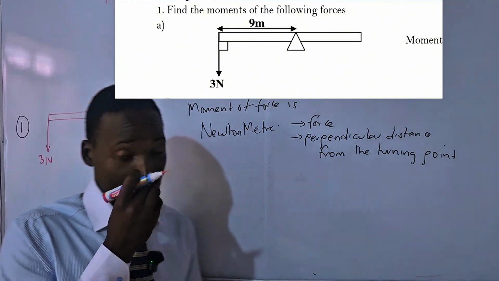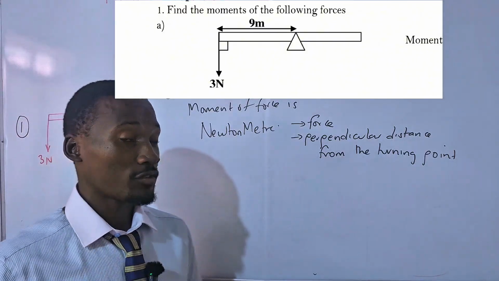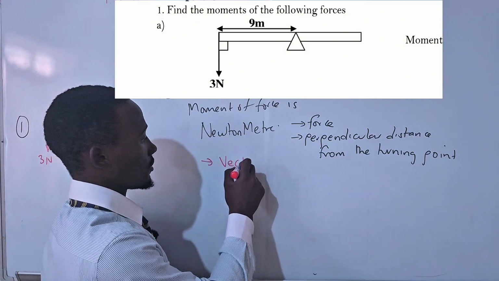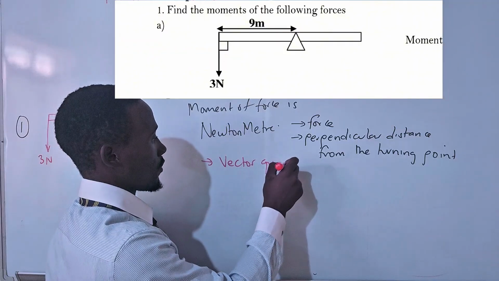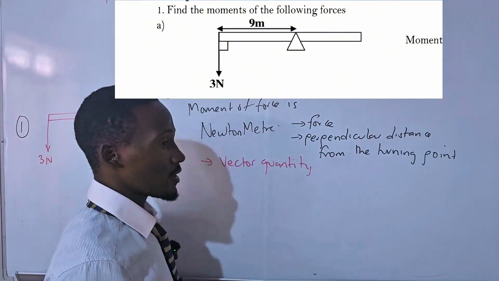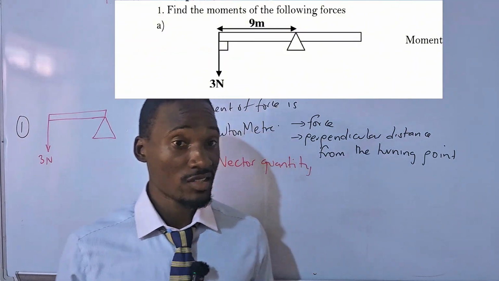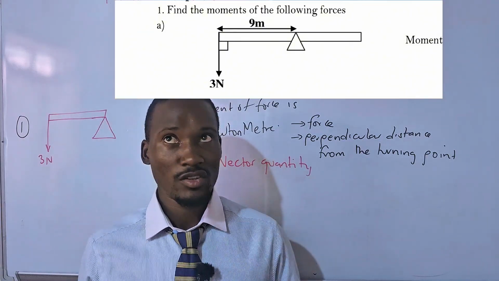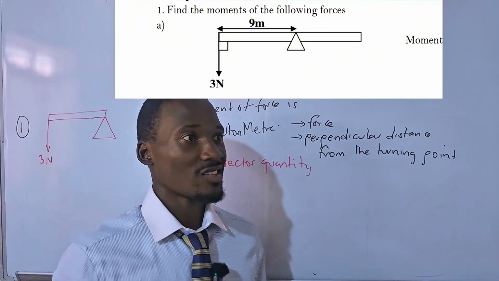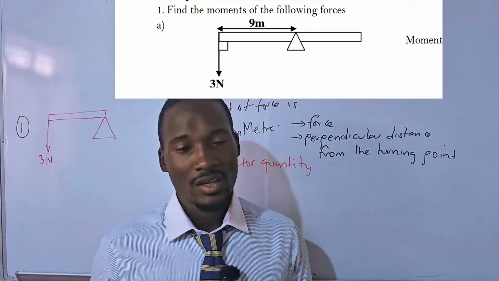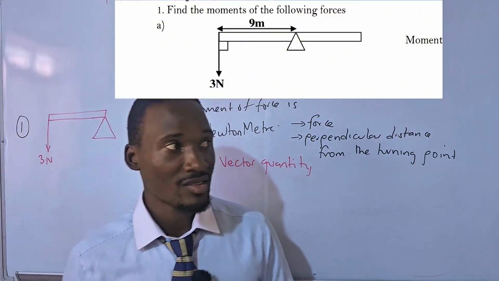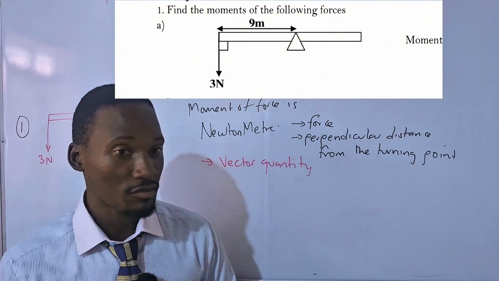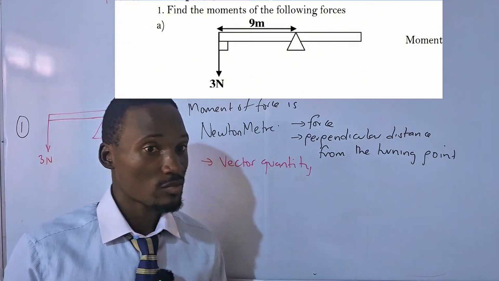Now, the other thing I want you to know is moment of a force is a vector quantity. Being a vector quantity, it means it has direction. Unlike a force, which can be north, south, east, west, upwards, downwards, 60 degrees on a bearing, all those can be directions of a force, velocity, displacement.